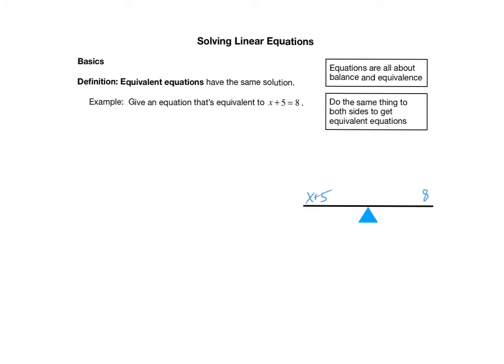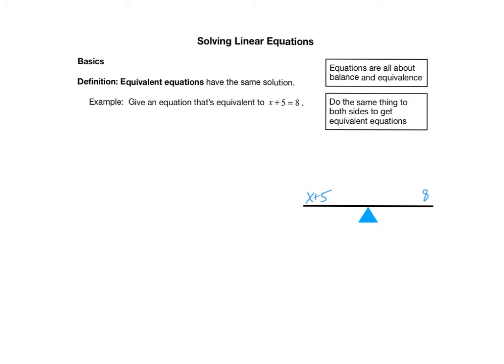They're balanced. It's like two kids on opposite sides of a seesaw. If they're the same weight, then it's going to be balanced. If this kid was heavier, then it would look like this. But they're balanced right now. So in order to maintain the balance, i.e. to get an equivalent equation, you have to do the same thing to both sides.